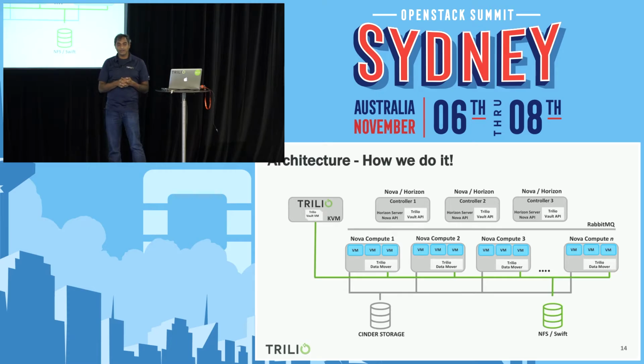The data mover is responsible for backup and recovery of the VMs that are running on that compute node. So if you are sizing your compute node to run around 40 or 50 VMs, the data mover is responsible for taking a backup of those 40, 50 VMs. And then you can scale that way without introducing any bottlenecks into the architecture.